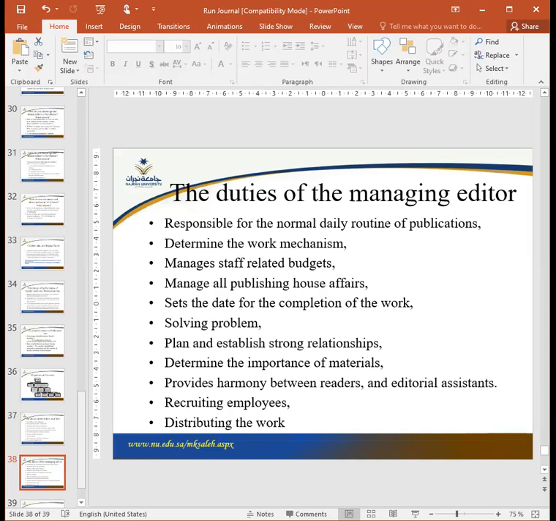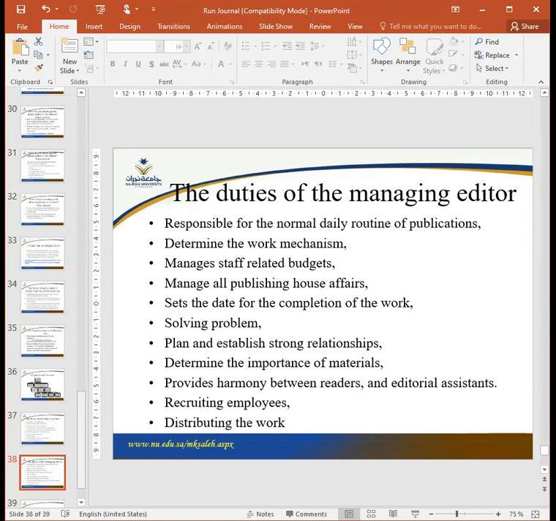Also set the date for completion of the work and inspect it to ensure that it is completed on time. When employees encounter a problem, they turn to the managing editor, having command and ability to plan and establish strong relationships and trust, assign various tasks to employees with the confidence to accomplish them, determine the importance of material, the design and form, and provide harmony between the template and the reader.